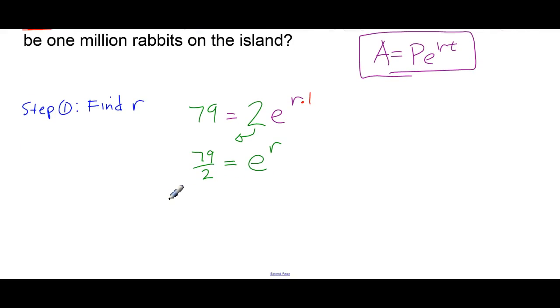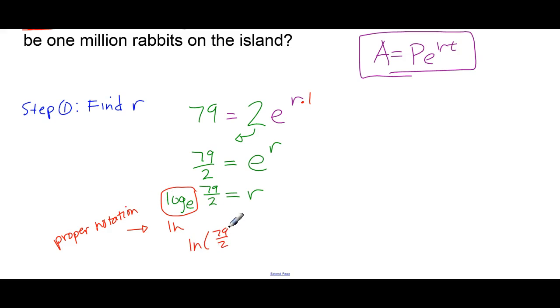If you move the base to the other side, it's going to be the base of an exponential, but writing it as logarithm base e, that's not proper form. The proper notation for that is ln, just like it is on your calculator. So we should be saying ln of 79 over 2 equals r.